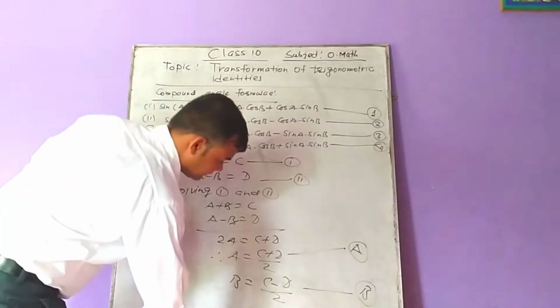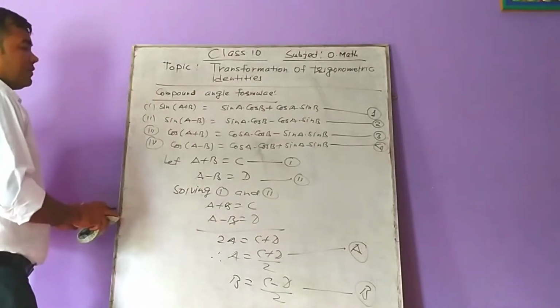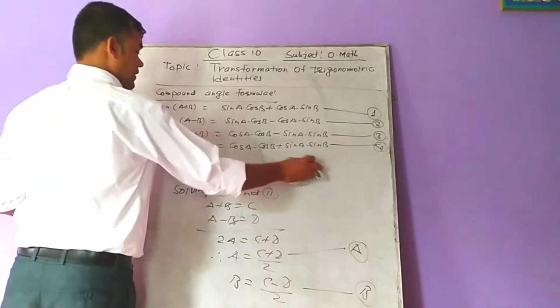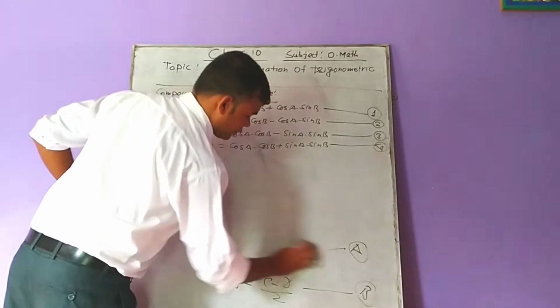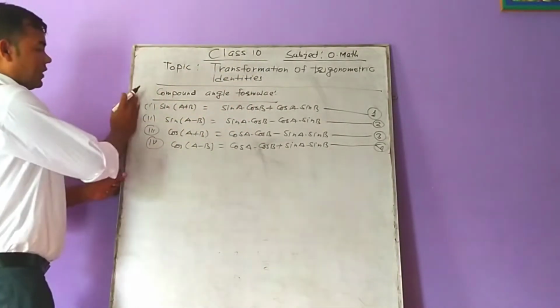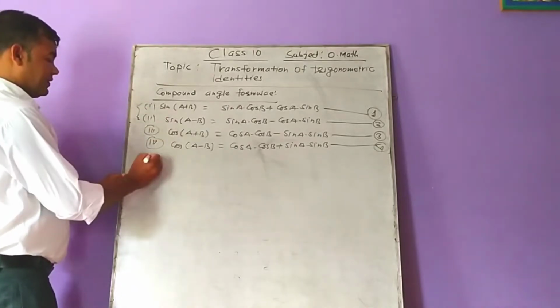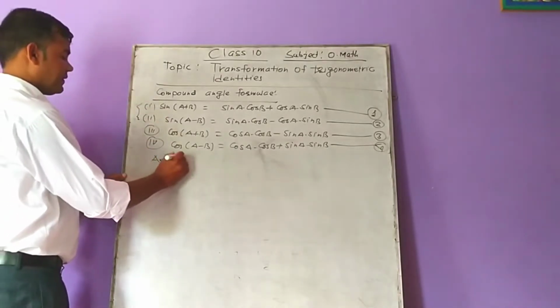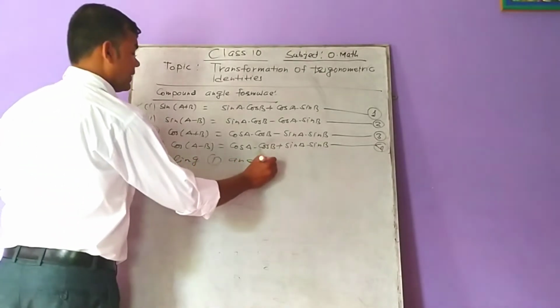Now, after making this working note, we have to go for this procedure. You have to see these 4 identities. Now add the first 2 identities, adding 1 and 2.